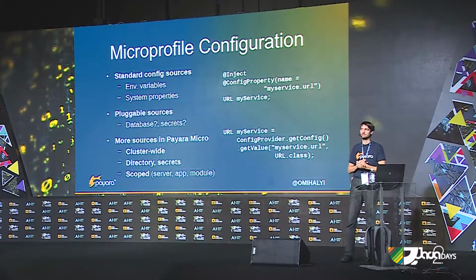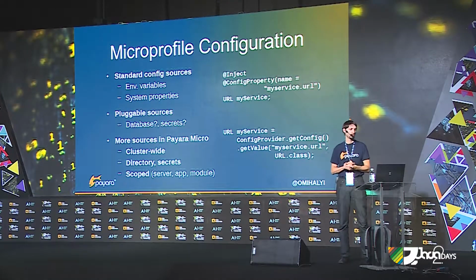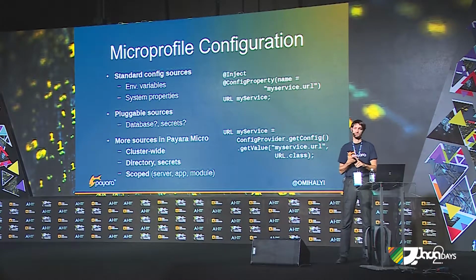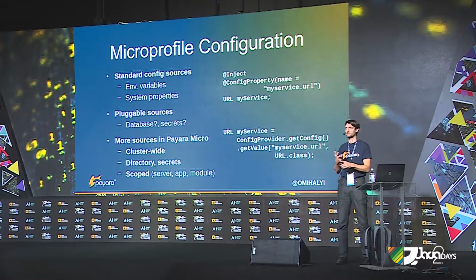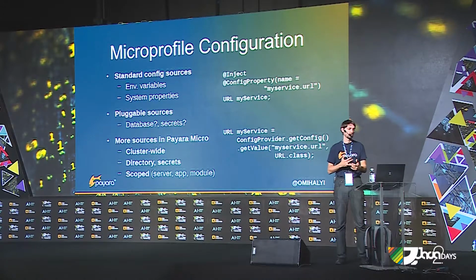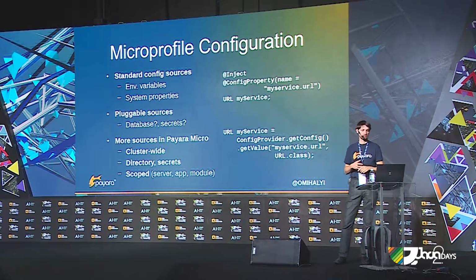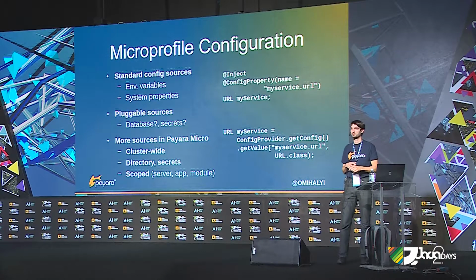Currently, in the standard, MicroProfile Config supports environment variables, system properties, and property files in the application. So if you use these, every implementation should support them. But you can also plug in other sources, as I said, for reading data from a database or reading secrets.